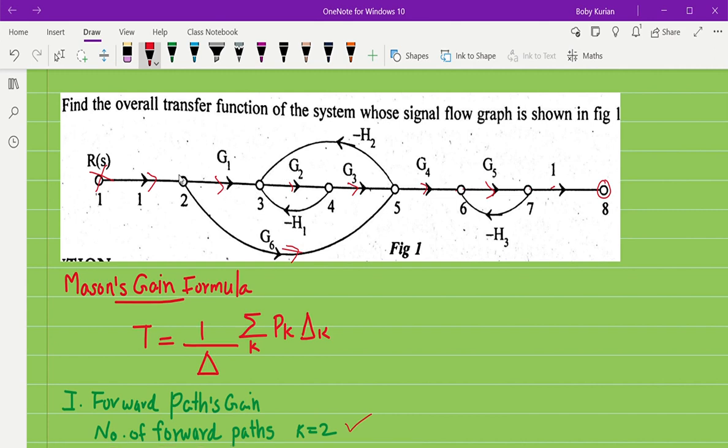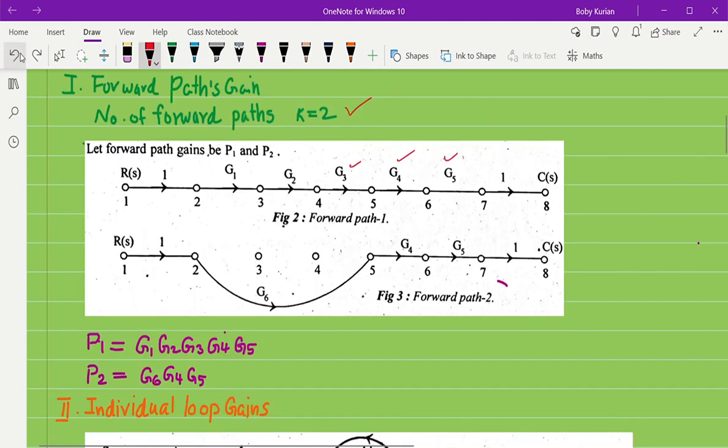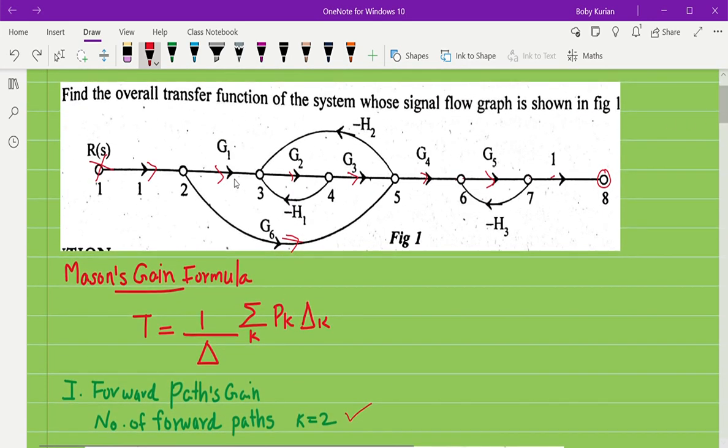Starting from here, is there a loop like this? It goes here, but this one is also in the forward direction, so we cannot consider it as a loop. Is there any other loop? Let us see. Here is a loop.